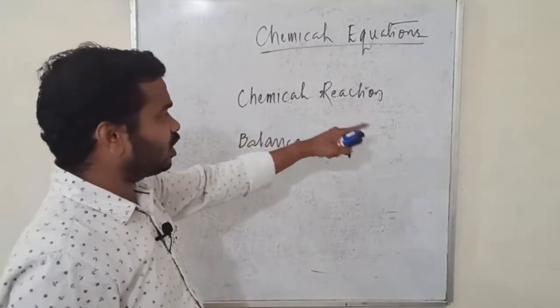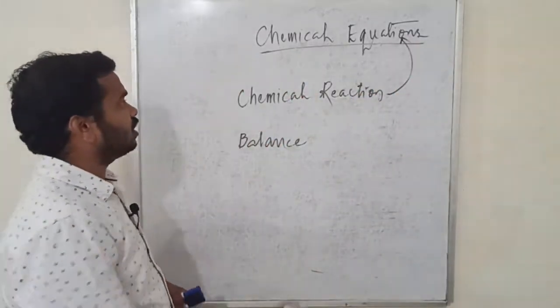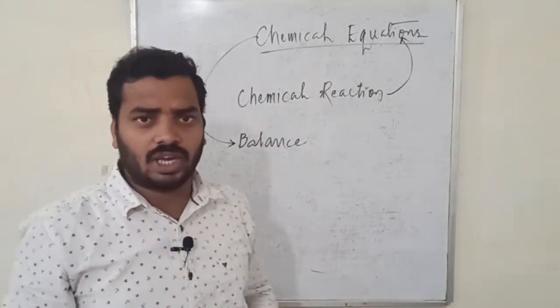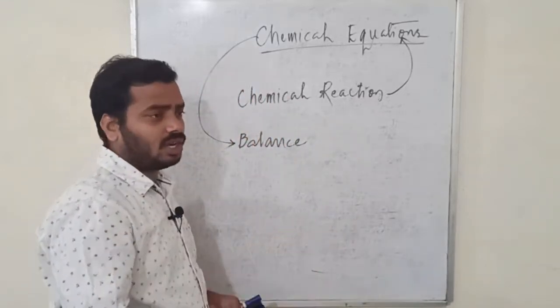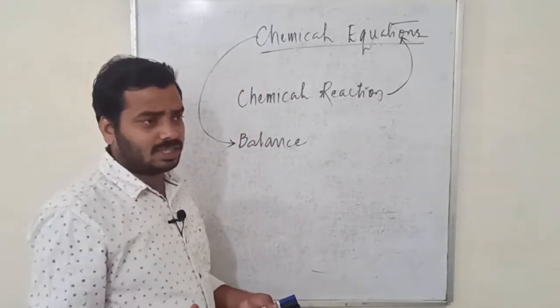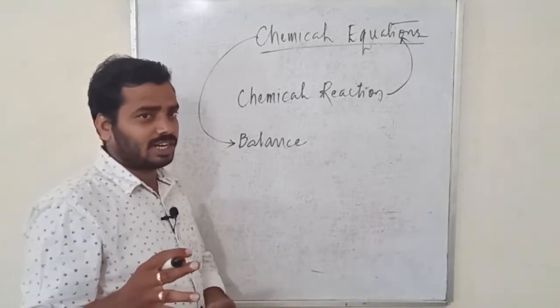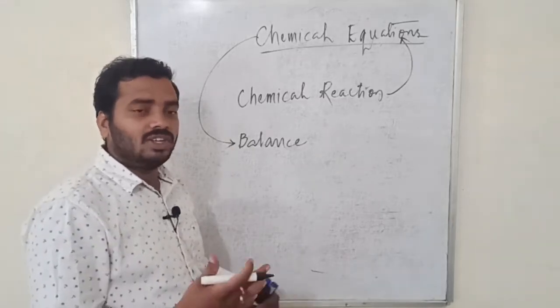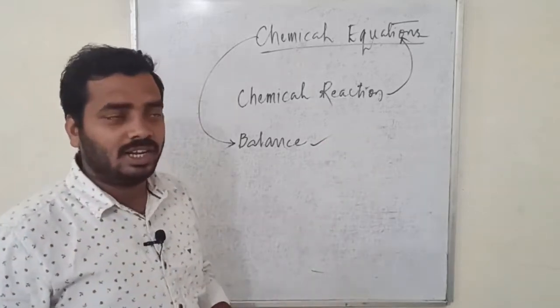The chemical reaction is represented in the form of a chemical equation, and these chemical equations must be in a balanced state. We shall see what balancing is, and how exactly we will balance. Do we put weights on one side and substances on the other side? Is this the balancing we are going to do, or some other thing? We shall see what kind of balancing we are going to do.